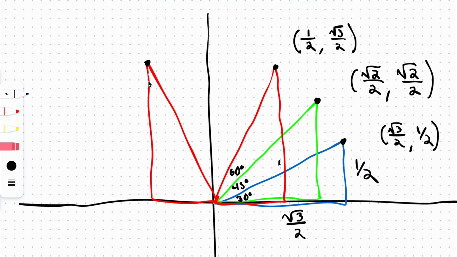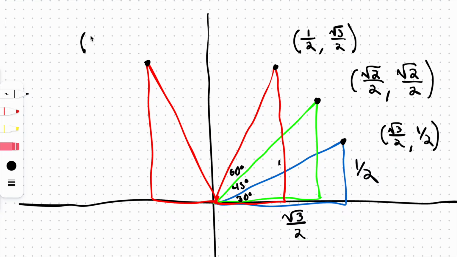Well, it's the same triangle as this red triangle, except our x value is now negative, right? We're in this second quadrant, and so our x value is negative, but our y value is positive. Our horizontal legs have the same length, but they're just going in opposite directions.